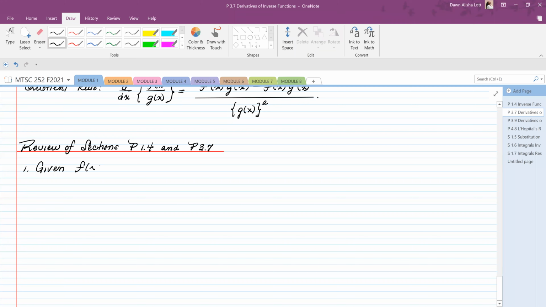Given f of x is equal to the square root of x divided by the square root of x minus 3, and here x is strictly greater than 9.